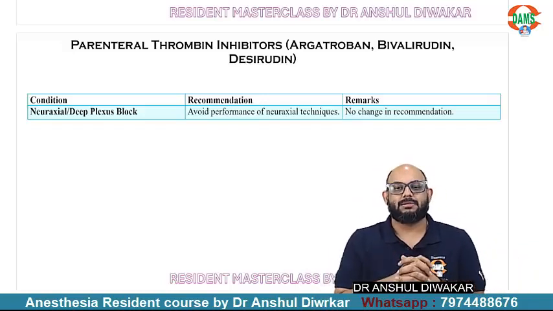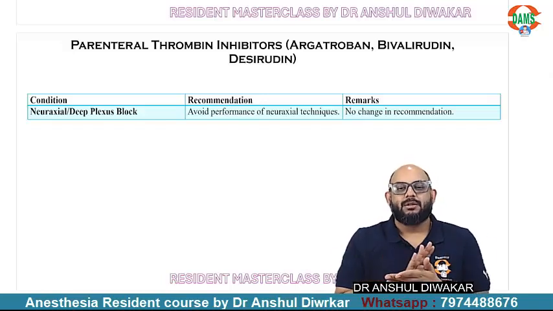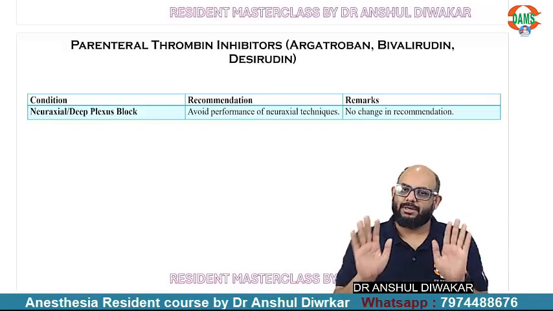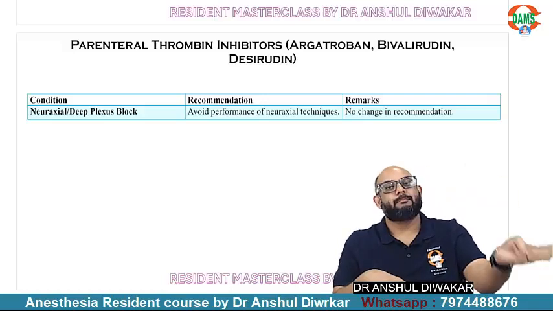Parenteral thrombin inhibitors are argatroban, bivalirudin, desirudin. No, don't give spinal anesthesia. Don't give epidural catheter, right? So 3 places where you would avoid the procedure because of the drug.